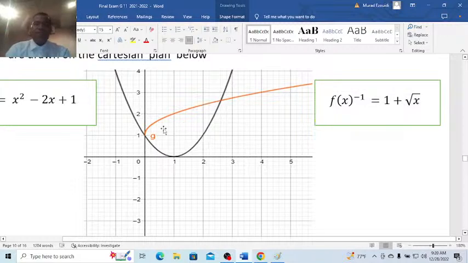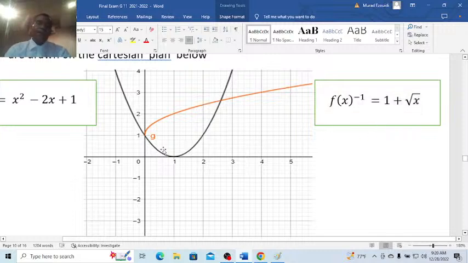You can see the range of 1 plus root of x is 1 to infinity, which means y is more than or equal to 1. This is the range of f minus 1 of x equal 1 plus root of x.